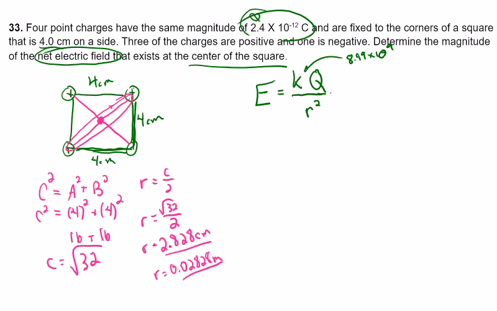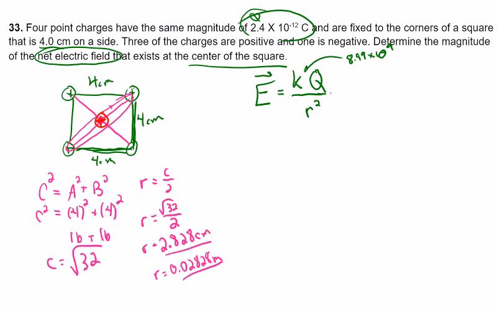The second part is a realization of what each one is doing. So electric field actually has a direction to it. It's a vector, and it's always the direction a positive test charge would move. So if I were to put a positive test charge here at the center, what would each one do?